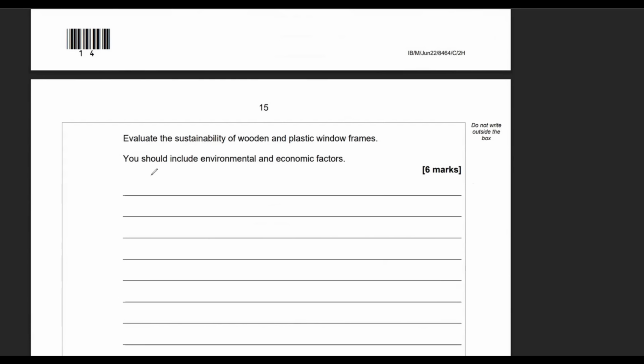I want to say 3 marks on environment and 3 marks on economic is how I want to break that down. So we want to break it down in terms of finances and in terms of the impact on the environment. Let's go back up to the table. I'm going to write my answer there.